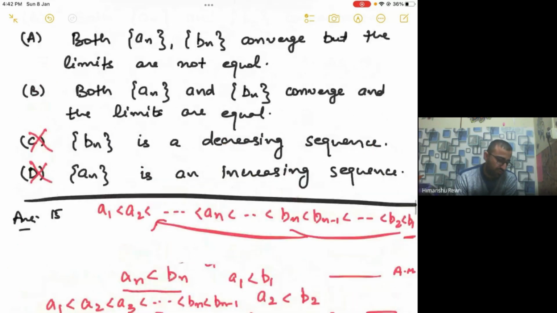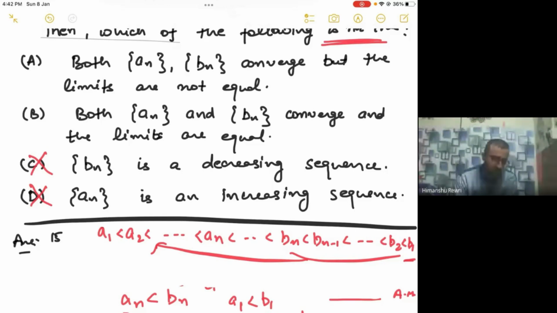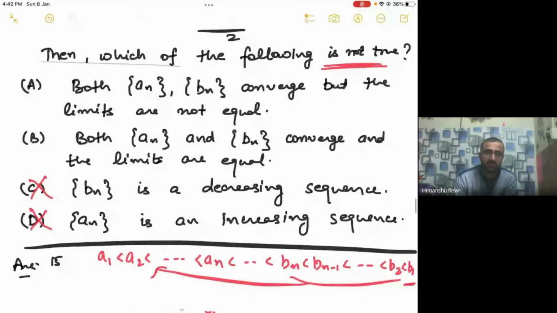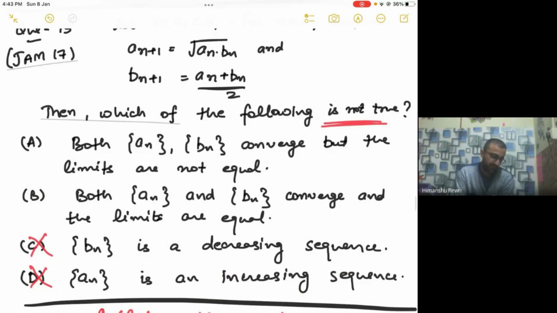Now what is left to prove is whether the limits are equal or unequal. Say Bn will converge to L1, and An will converge to L2. Then the left hand side will converge to L1, and the right hand side will converge to L1 plus L2 by 2.